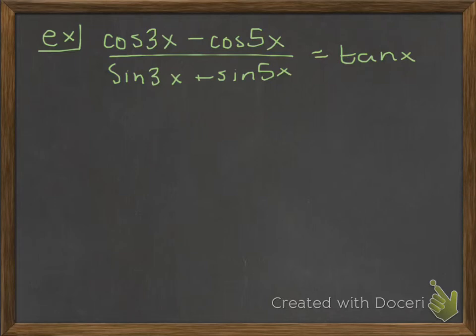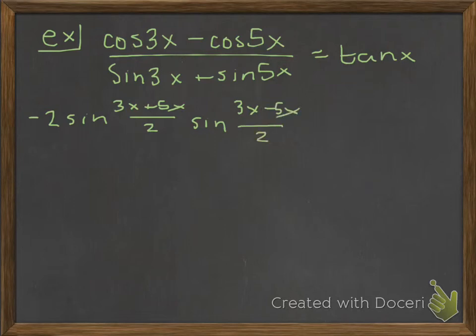So for the top of my fraction, I'm going to use the bottom formula, which is negative 2 sine of alpha plus beta, so 3x plus 5x over 2, and then sine of alpha minus beta, so 3x minus 5x over 2.